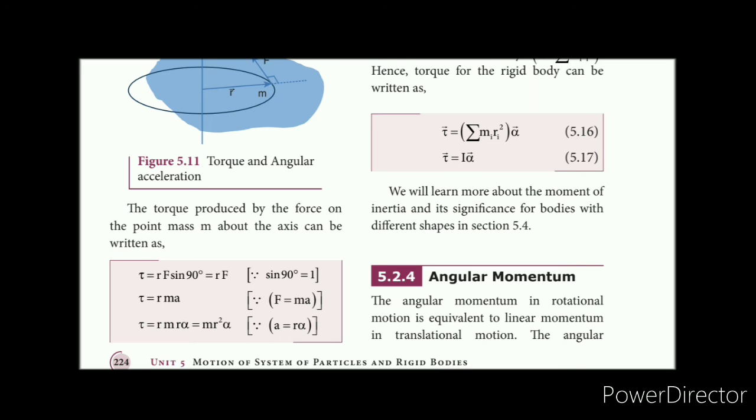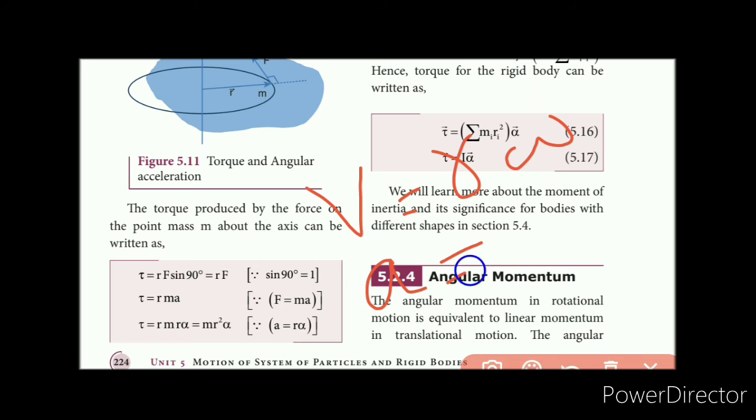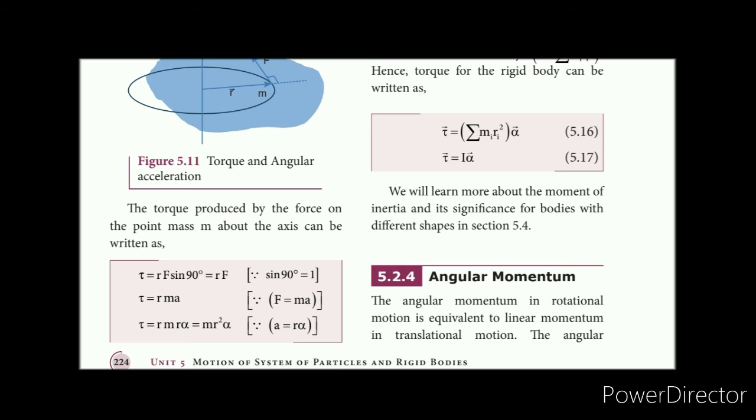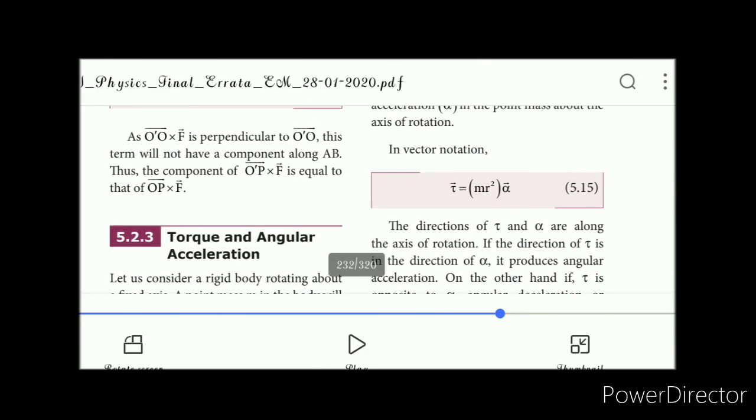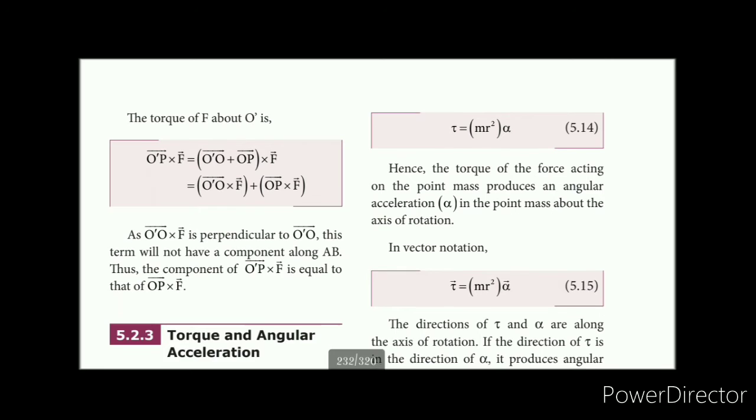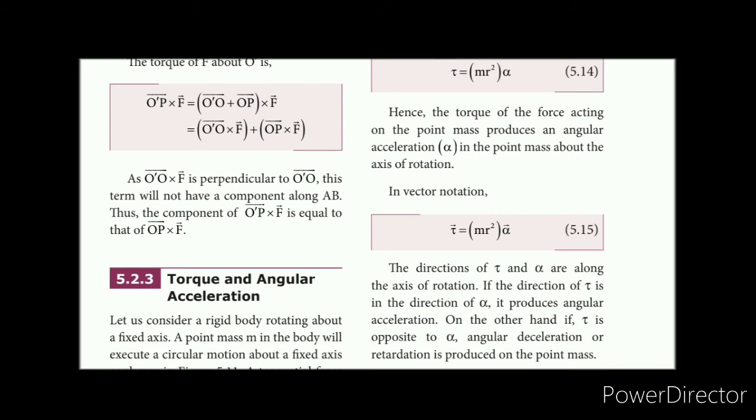Similarly, the relation between velocity and angular velocity is v equals r omega. Same like that, acceleration a equals r alpha. So taking a equals r alpha, tau equals m r square alpha. Now m r square alpha is what we write in vector notation. Look at this one.